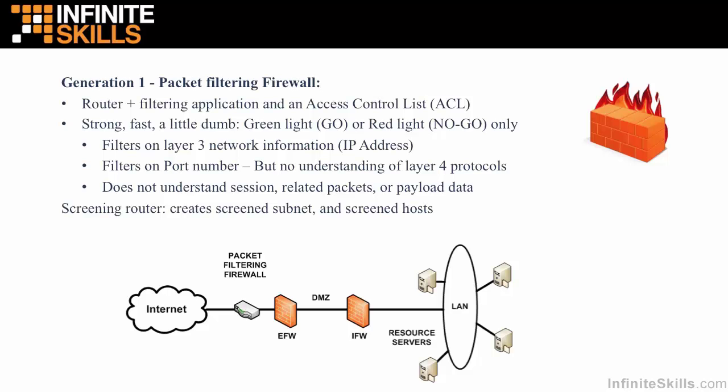Now, the problem with the packet filtering firewall is it was just a little bit dumb. It was fast and it was strong. It was hardened, so the bad guys couldn't break into it very easily. But the problem is it's only got a go, no-go capability. It's only red light or green light, and there's not much in the middle. So because we have to use the range of port numbers, if you recall, we have server-side port numbers that are the destinations of services that I'm requesting.